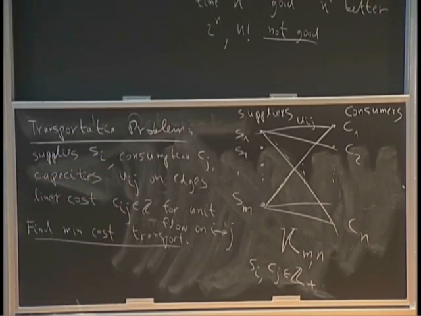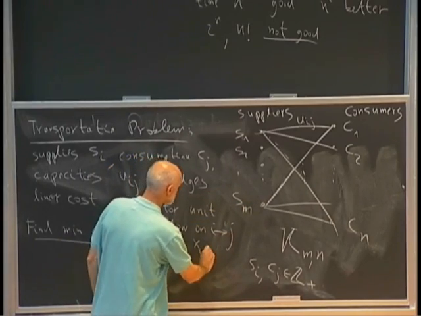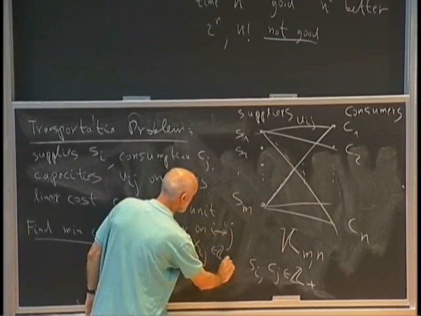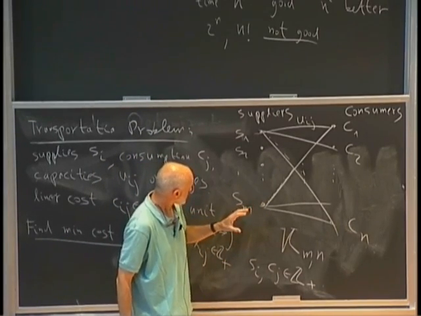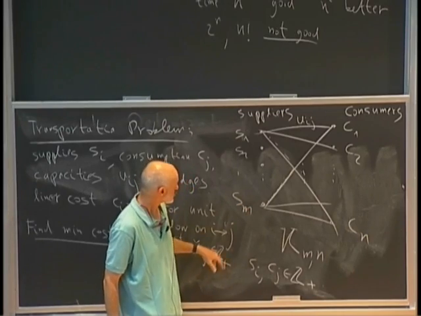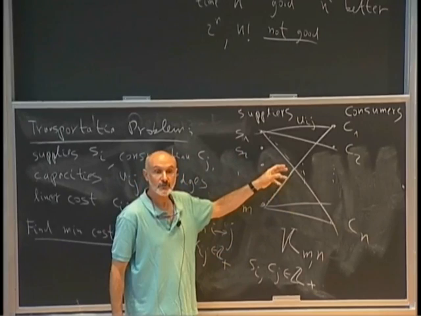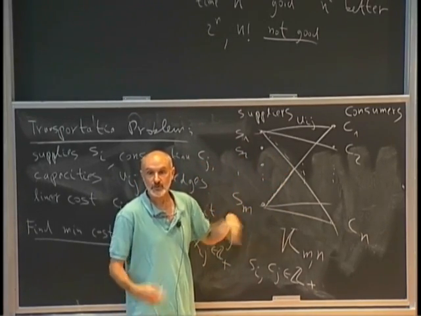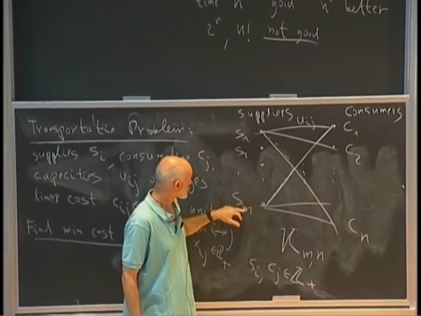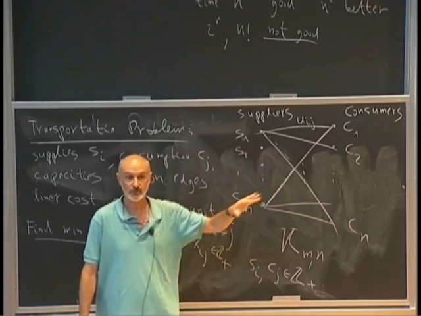What I want is to assign the transportation x, min, with xij in Z plus. So I have to tell you how much supply, non-negative integer, to send from each supplier to each consumer, so that the total flow on each edge does not exceed the capacities, and the total cost is minimum, and each supplier sends exactly all his supplies, and each consumer gets all his consumptions.